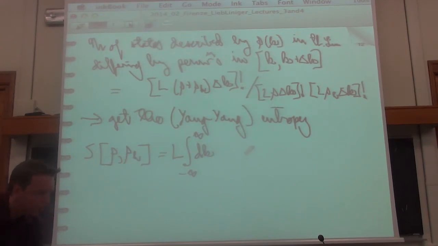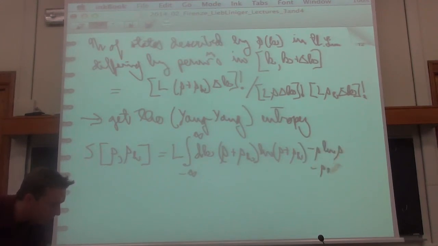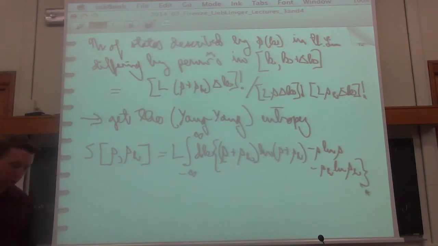You just need to do the Stirling approximation, cancel a few things in there, so all the log n, the L's, they cancel out. And then it just leaves you with this: rho plus rho hole times log of rho plus rho hole, minus rho log rho, minus rho hole log rho hole.